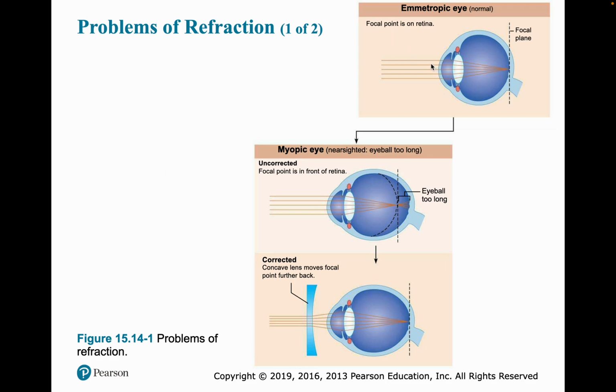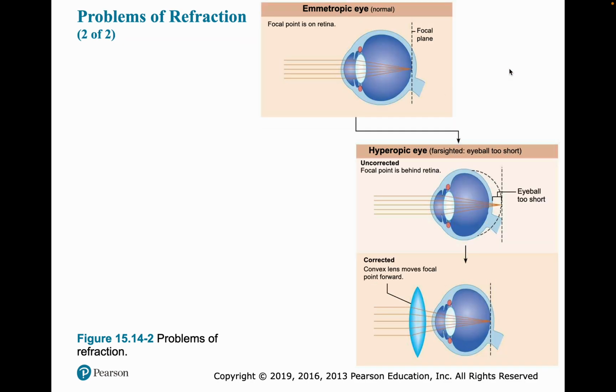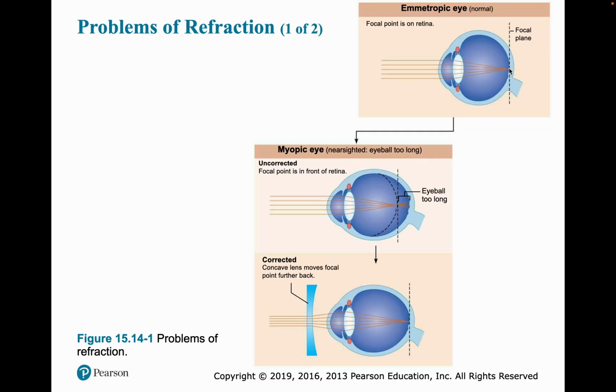So emmetropic eye, 20 feet away, focus perfectly on the retina. In a myopic eye, the eye is a little longer than it should be, so the focal point would be here, the retina is back here, and you use a concave lens to move that focal point to the retina.